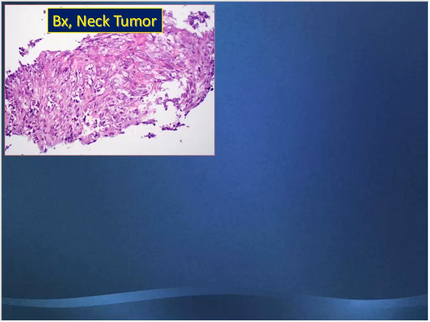CD31 is to some extent specific, but also reacts with some hematopoietic cells. So, for example, if there is inflammatory or lymphocytic exudate, you can find that to be positive, which makes the interpretation of the result fairly difficult.